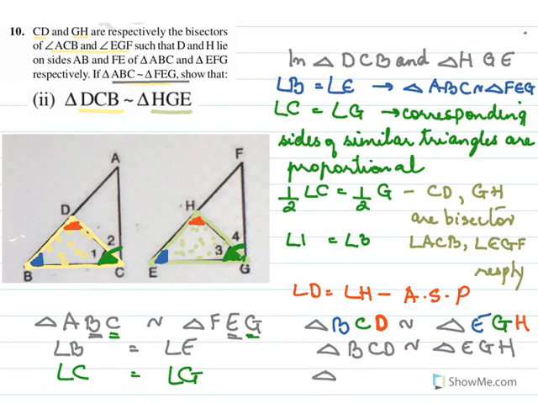We could write it another way, like they have given, that is triangle DCB is similar to triangle HGE by AAA test. But what is important when you write is the order should be kept correct.